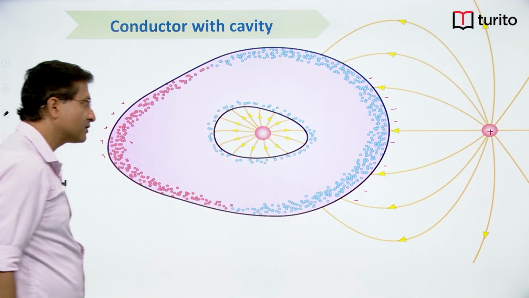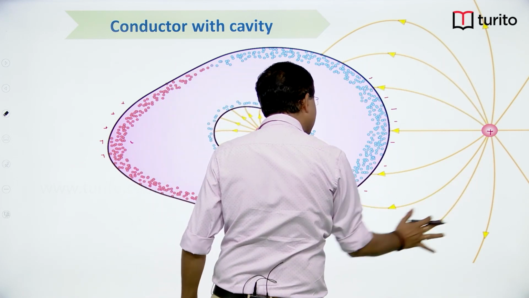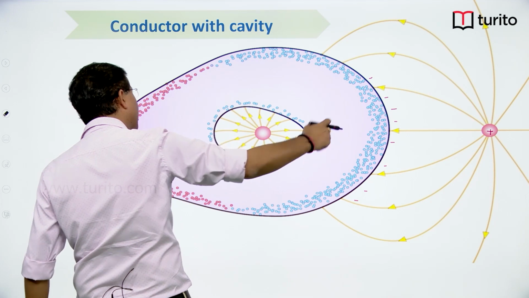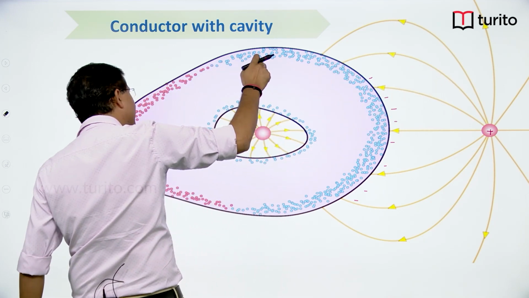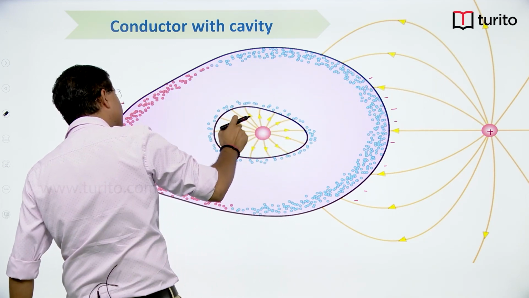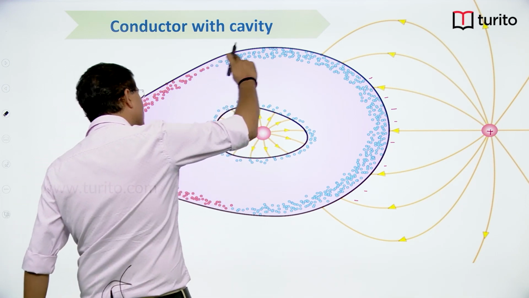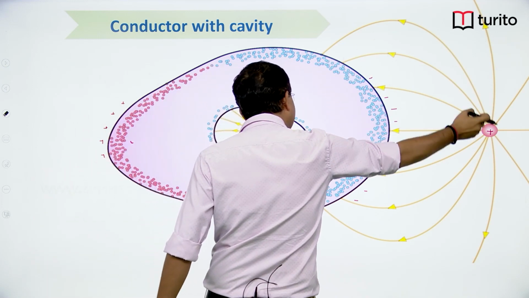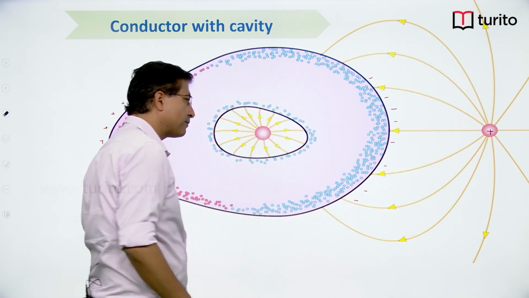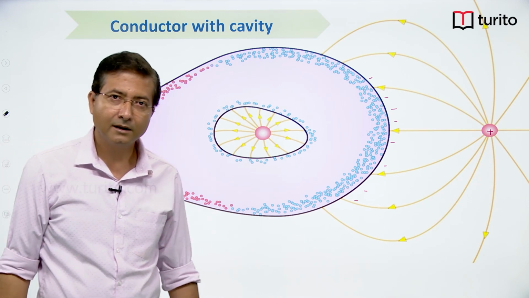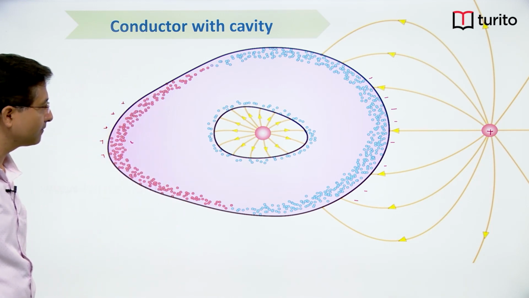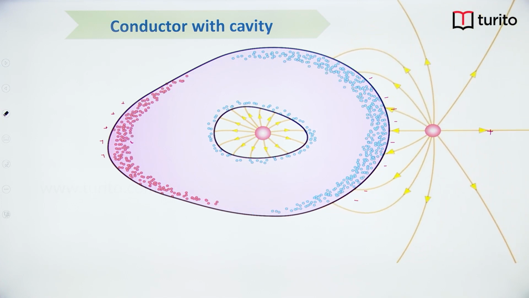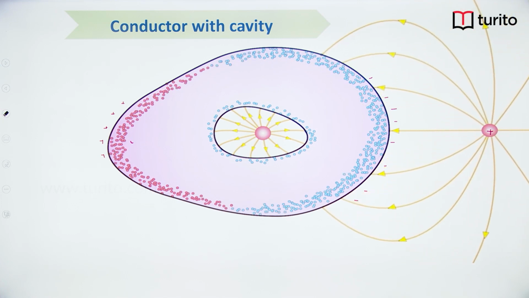So, if instead of a charge I have an electric field, then this outside surface charge and the field which you have applied, they will cancel each other at this point as well as this point. So, this distribution is affected by external agents. It might be a point charge, it might be an external field, right. So, I hope now it is clear. You can see the animation once again.